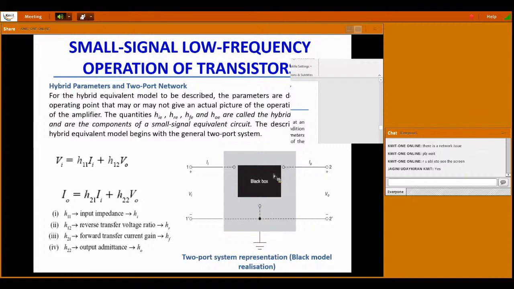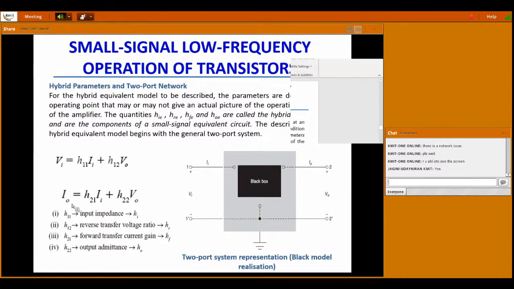Now in this transistor, we define the parameters by taking two as independent variables and two as dependent variables. The input current and output voltage of any amplifier are taken as independent variables, whereas the input voltage and output current are taken as dependent variables.